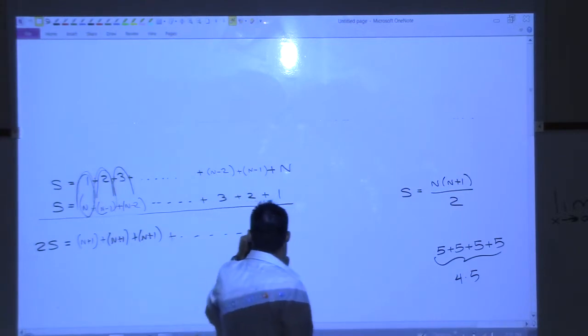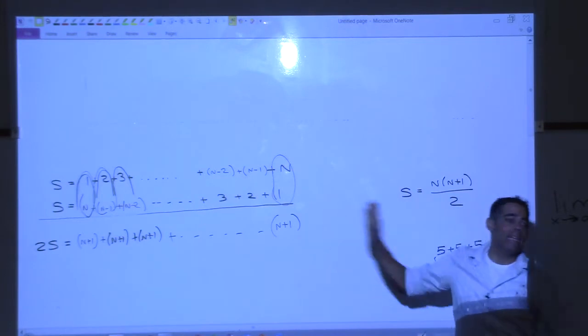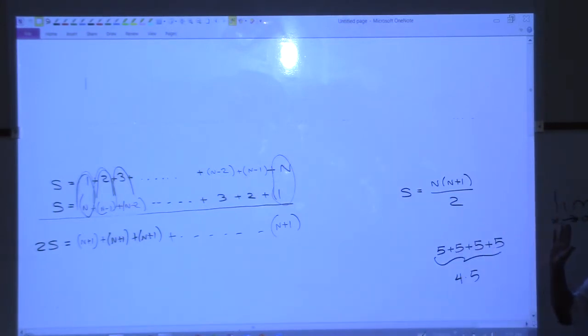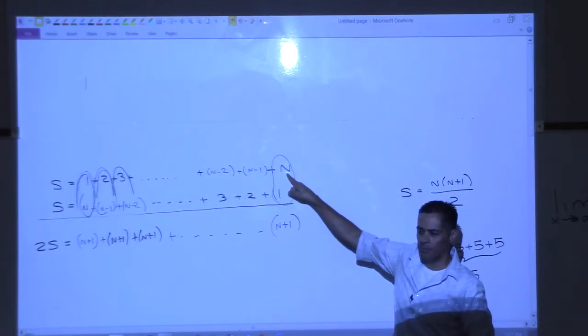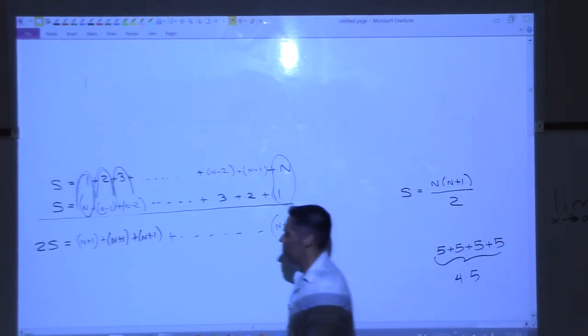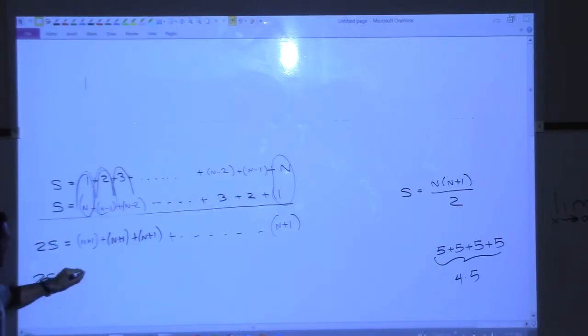All the way down to the very last one, which is n plus 1. How many n plus 1s are there? Not 100. There's n of them. Right? There's n of them. So twice what we want is n of these n plus 1s. And then if you divide both sides by 2, you have your formula.